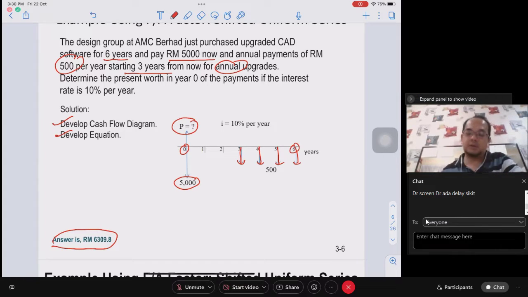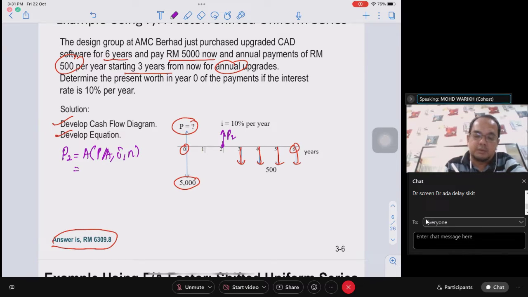So, the first thing you have to do is start from the answer. Just write first: P2 equals A, and that is 500 ringgit. I is 10%, N is 4.